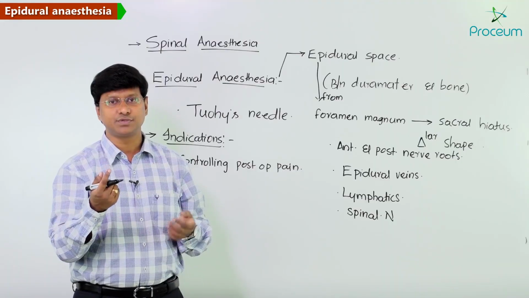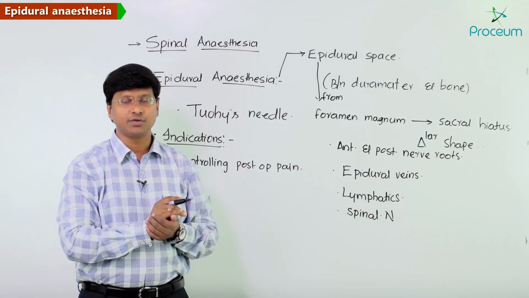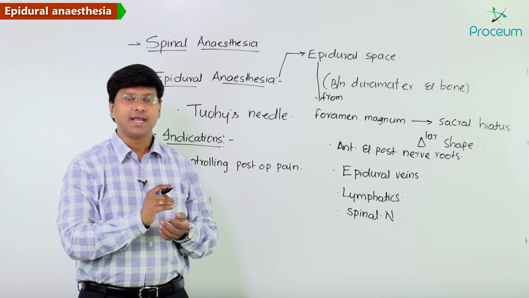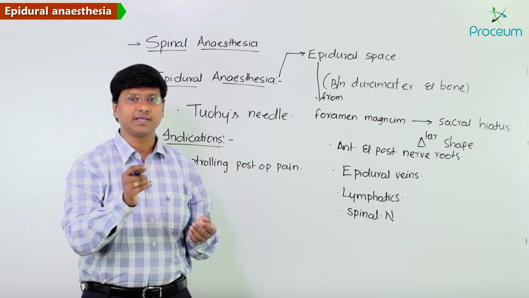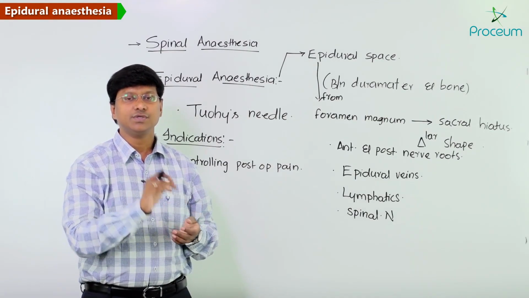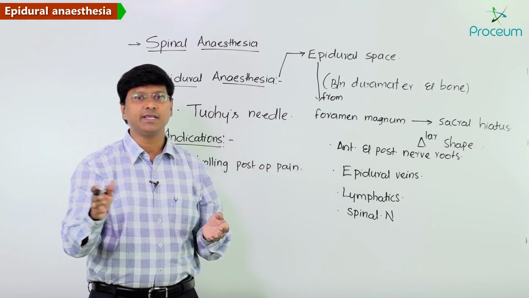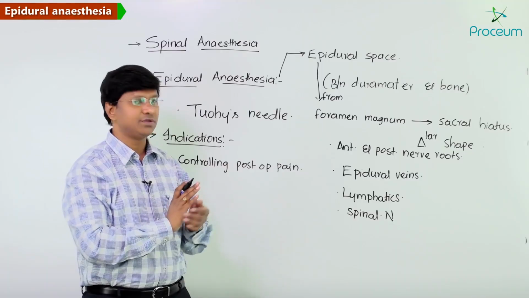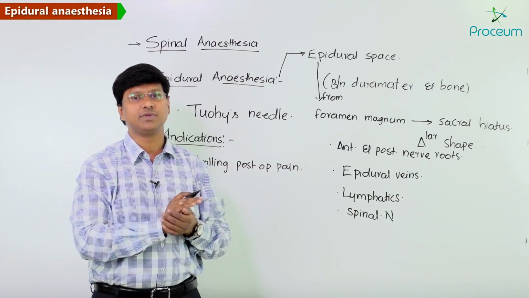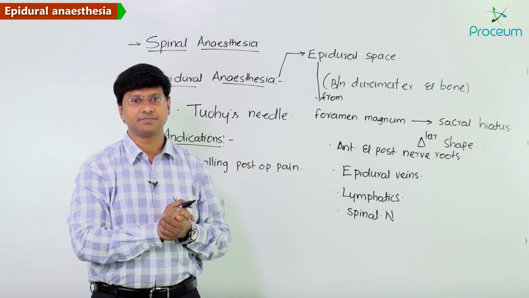First with the help of the Tuohy needle we create an opening within the epidural space, and following that the needle is removed and the catheter is left. Through this catheter, local anesthetic is given continuously into the epidural space, and thereby the individual will have a reduction of pain.